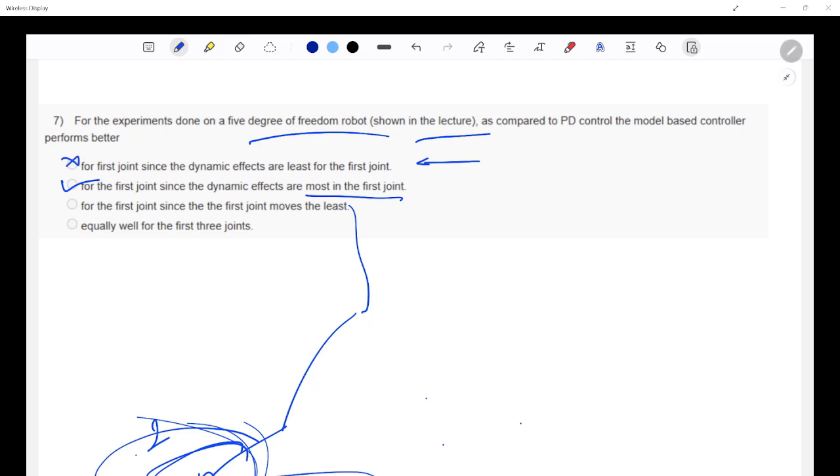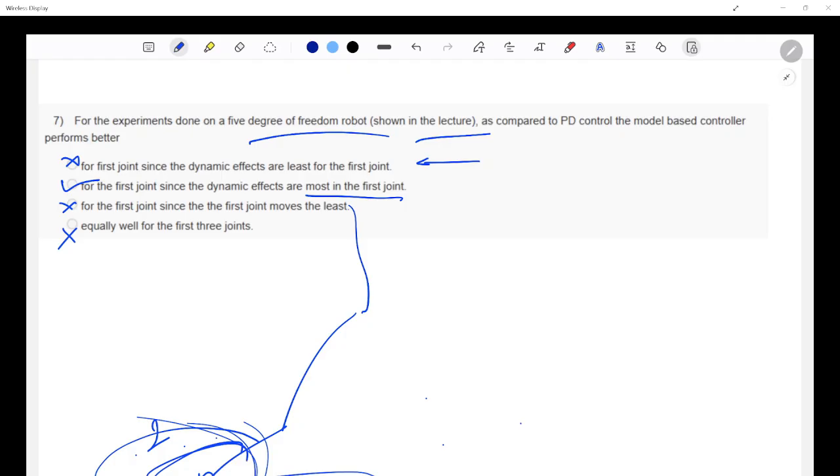In option 3 we have for the first joint, since the first joint moves the least. Movement magnitude is not the key factor. Dynamics depend on inertia, coupling, load, all of them. And then we have equally well for all the three joints. No. Improvement is not uniform. Much larger improvement in joint 1. So this is also incorrect.